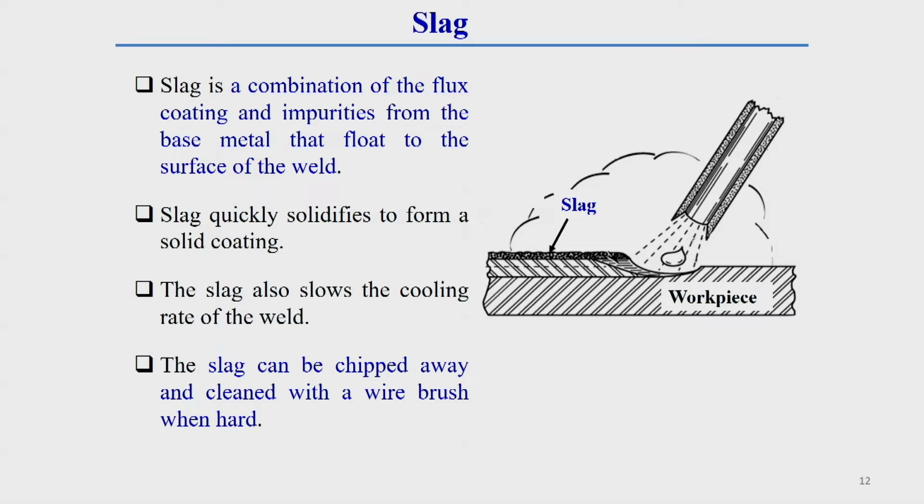One thing you should keep in mind: this slag can be chipped away and cleaned with a wire brush when hard. This is required at the end of the welding, when the slag is removed from the welded portion using a wire brush. That wire brush is used to clean this slag.